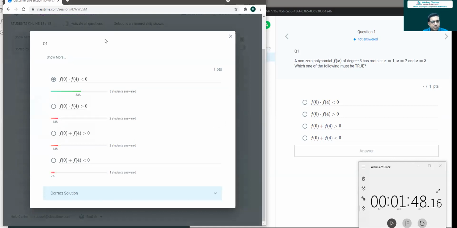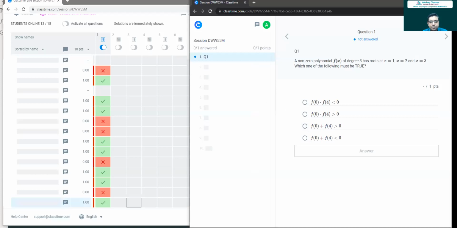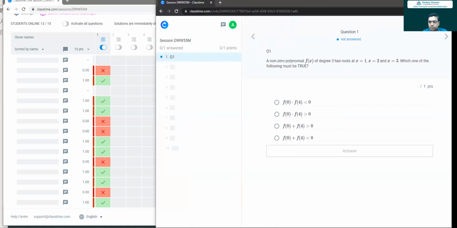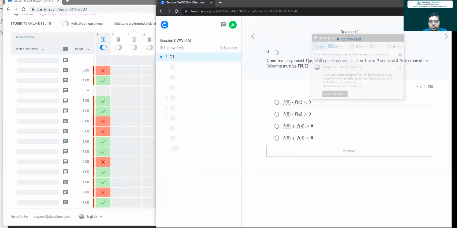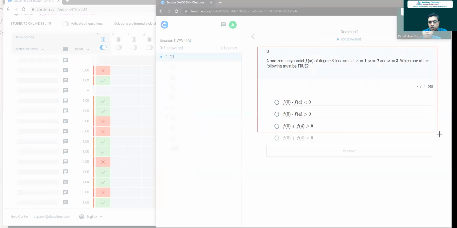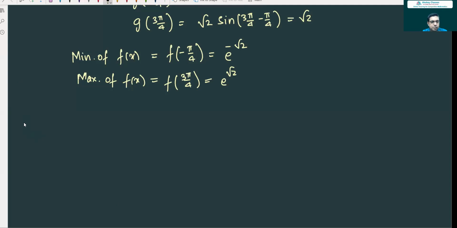The correct answer is, 8 students have given correct answers. Others have given wrong answers in different categories. So now just look at this. I will solve this. Just a second. So this is a problem solving session.